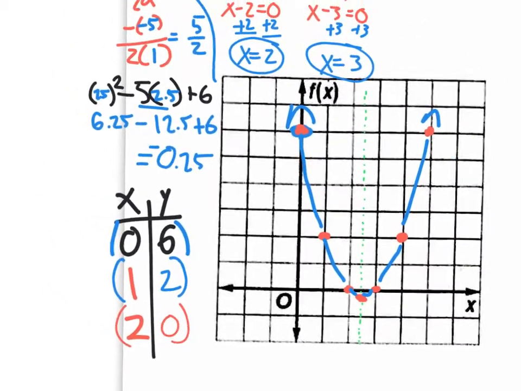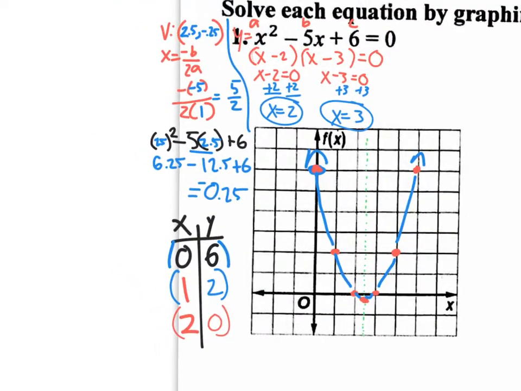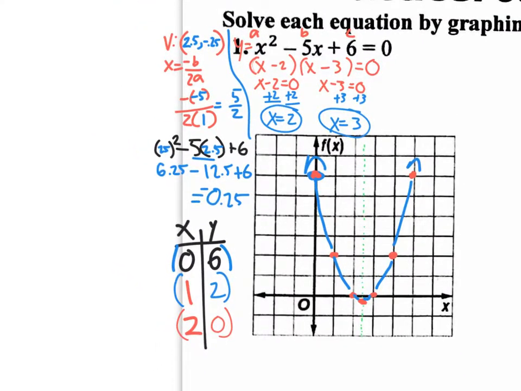Now, ladies and gentlemen, we graphed it, and what we need to understand, today's main lesson, is to understand that the answers to an equation are the x-intercepts of the parabola. Let me repeat that. The answers to a quadratic equation that's set equal to 0 are actually the x-intercepts of a parabola. One more time. The answers to an equation of a quadratic trinomial that's set equal to 0 would be the x-intercepts of the parabola.